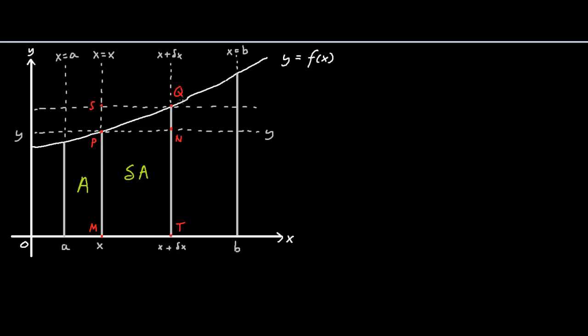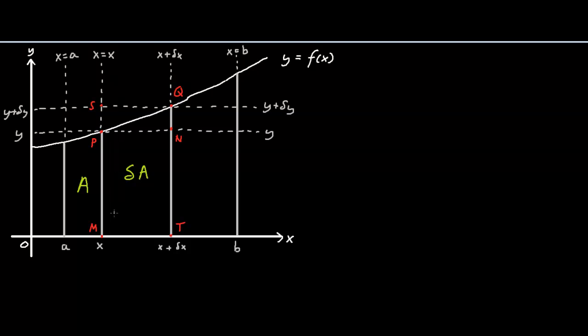The point Q will have the coordinates x plus change in x, y plus change in y. So this line is y plus change in y. Now that we've drawn the diagram correctly, we can begin finding out how to find the area underneath a curve.